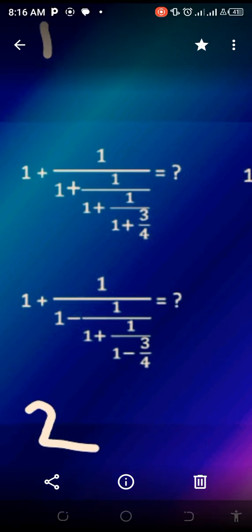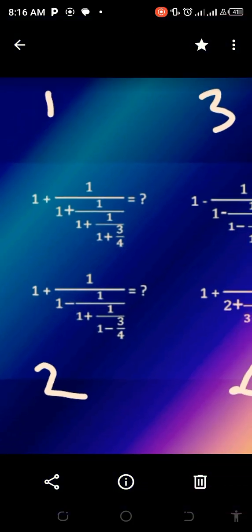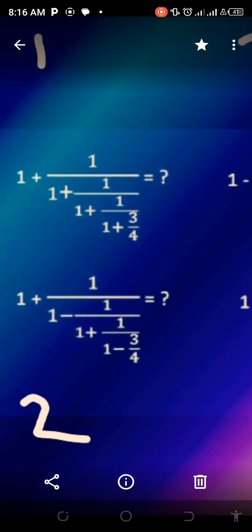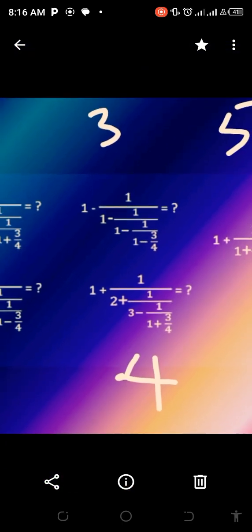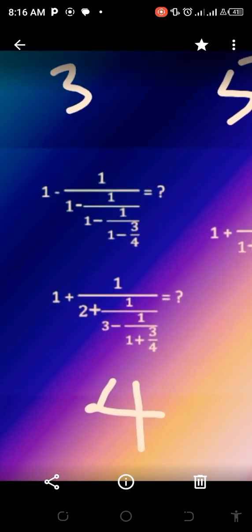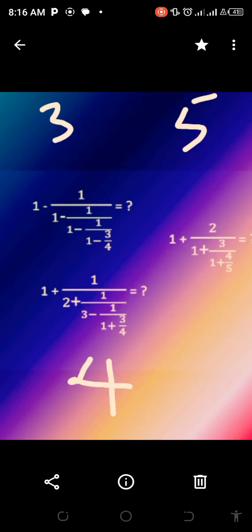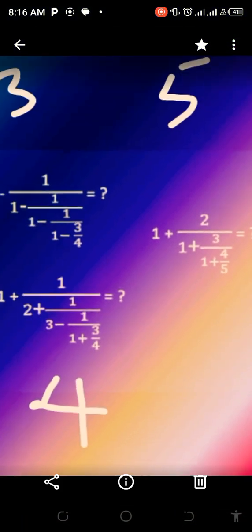Ladder fraction 1 has 4 ladders. Ladder fraction 2 has 4 ladders. Ladder fraction 3 has 4 ladders. Question 4 has 4 ladders. What of question 5? Question 5 has how many ladders? 3 ladders. You are right. Now I know you understand it.